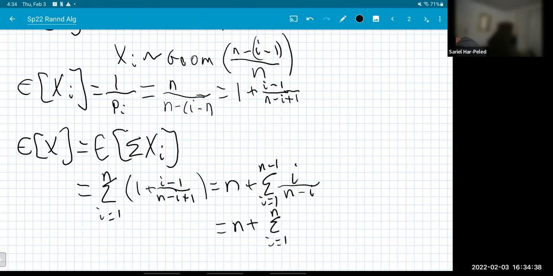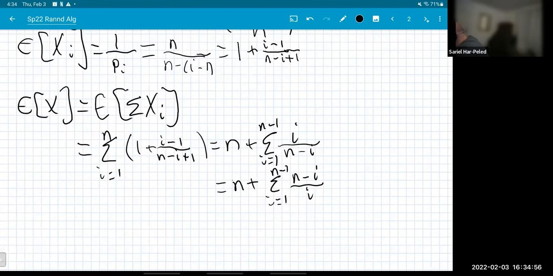We can just flip the summation, right? So it's n minus i divided by i, right? n minus 1, it's important. Yeah, this is true, right? Just replace i and n.